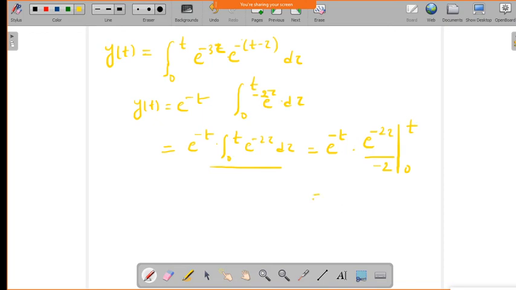So, what is the result? e power minus t into minus 2 into, if you substitute t, you will get e power minus 2t, and if you substitute tau equal to 0, you will get minus 1. So, this will be e power minus t into 1 minus e power minus 2t, divided by 2. This is the result you will get.